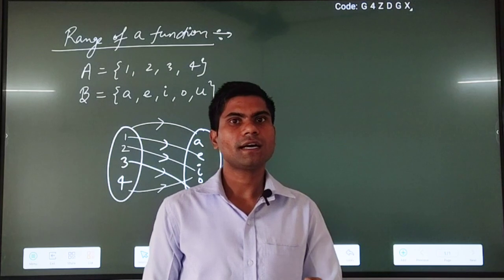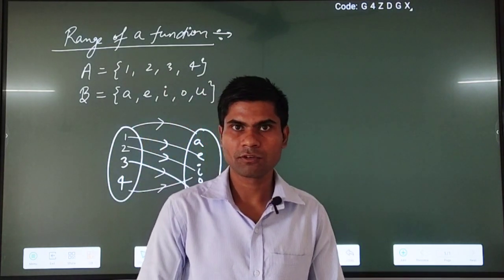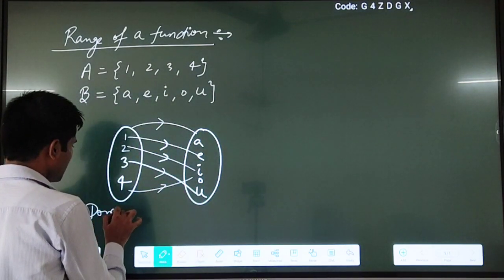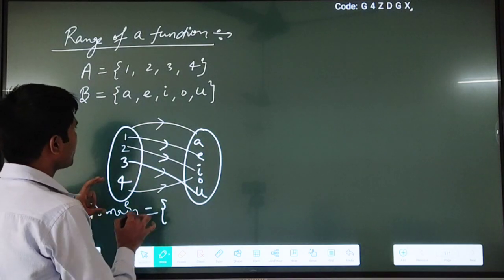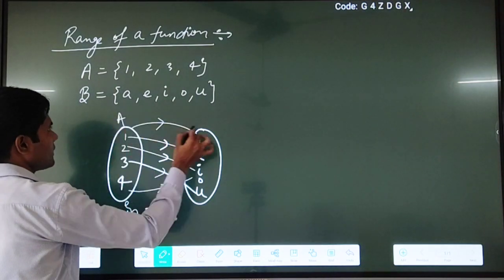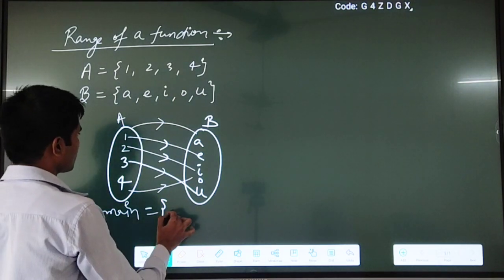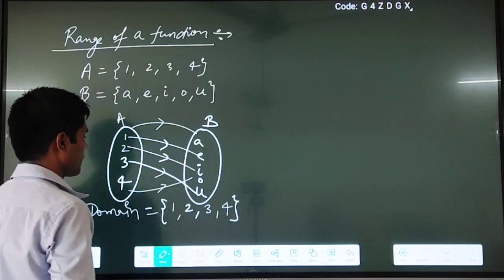If you have a little bit of idea about domain, then you can easily find the range of a particular function. So what is domain? Domain means all the elements of the first set, A. So in domain, how many elements are there? 1, 2, 3, 4. These are the 4 elements.